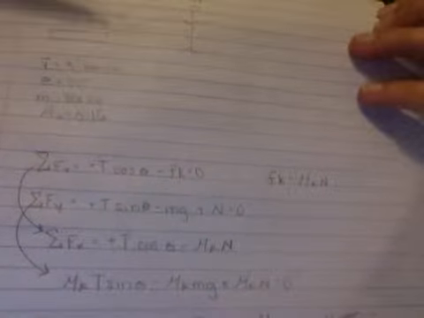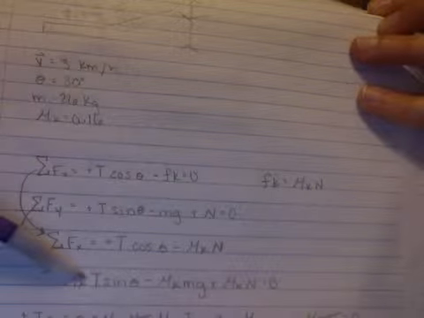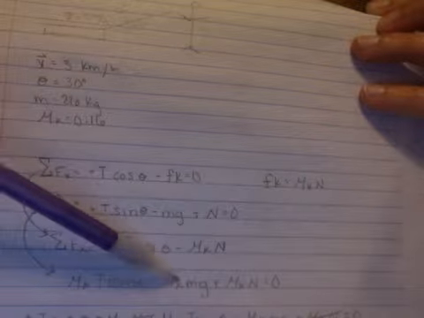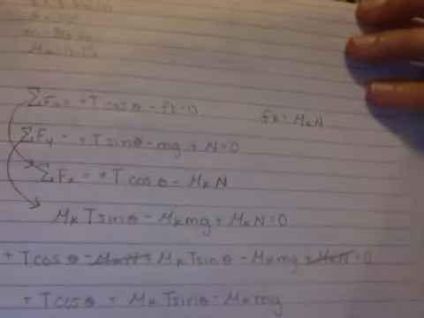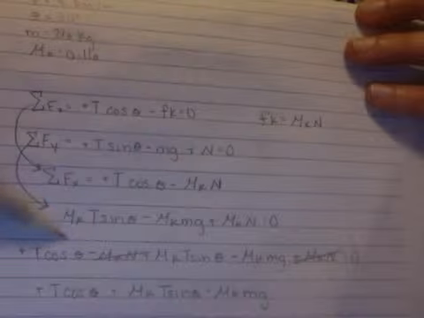What I then did was combine the two, and we have the coefficient of kinetic friction times the tension sine theta minus the coefficient times mg plus the coefficient times the normal force. We then want to cancel out our normal forces, as shown in this equation.